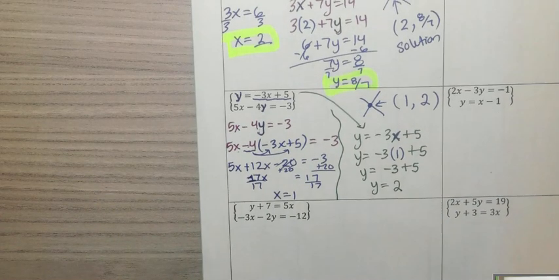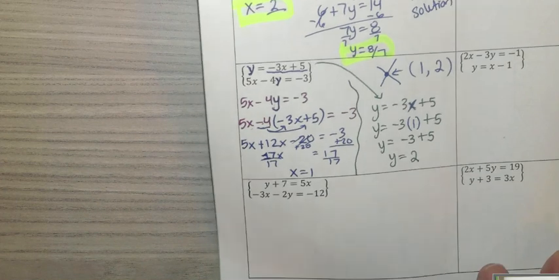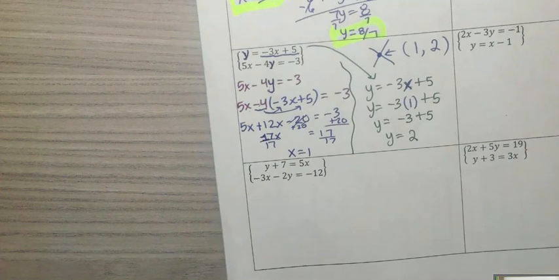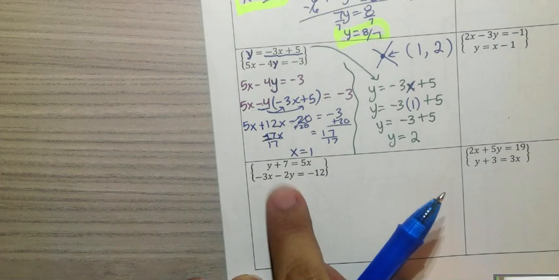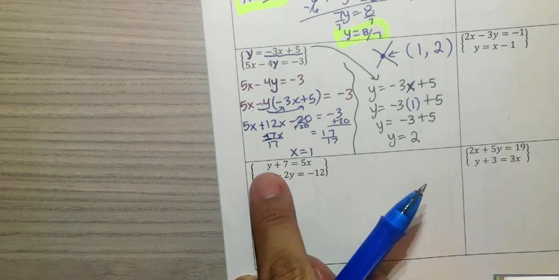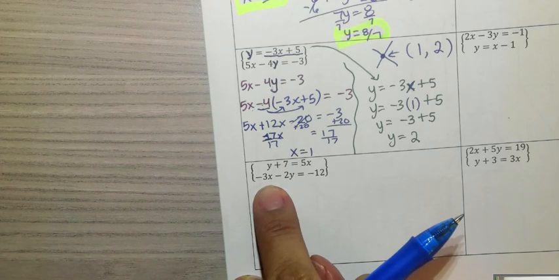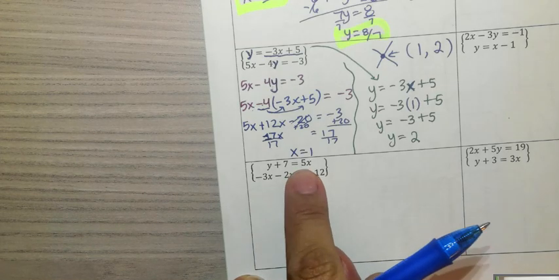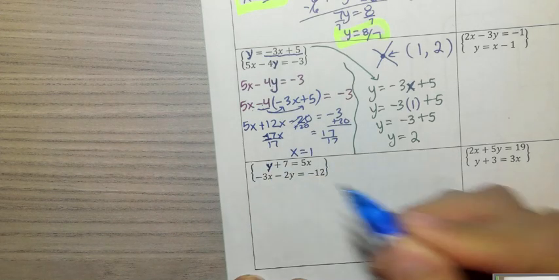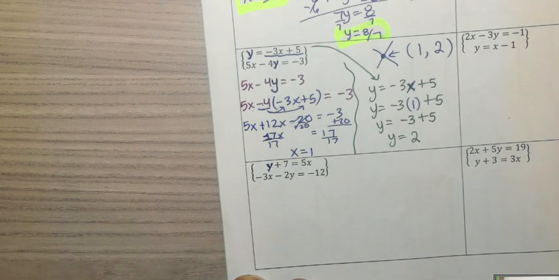All right, the next one, the last example together in this video, is the following. Looking at these two, the top or the bottom, we notice that the bottom takes more steps to get into x equals or y equals versus the top one. The top one already has a y by itself, so we just need to move the 7 to the other side.